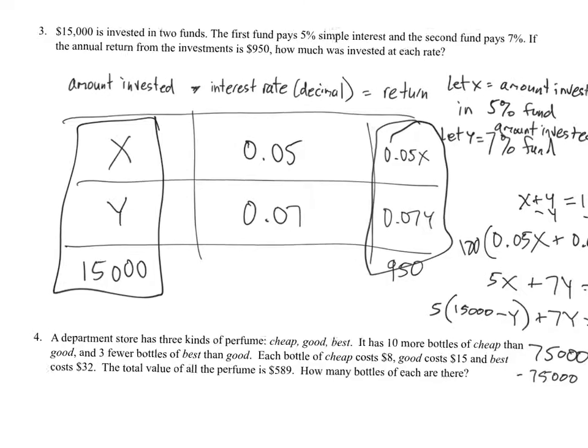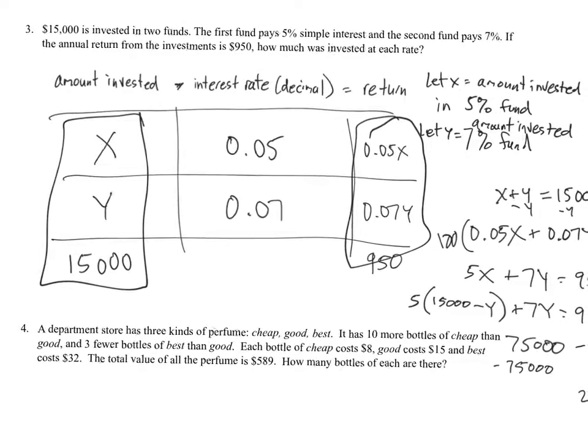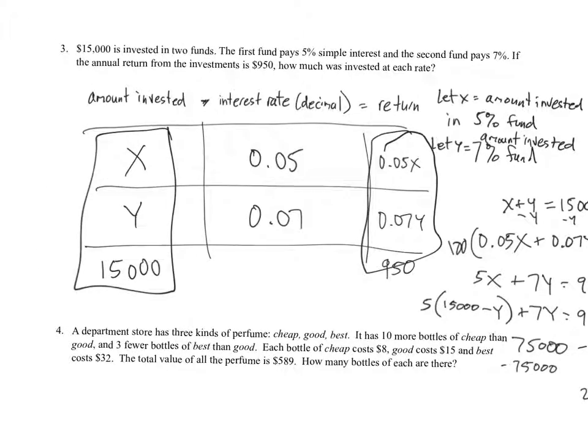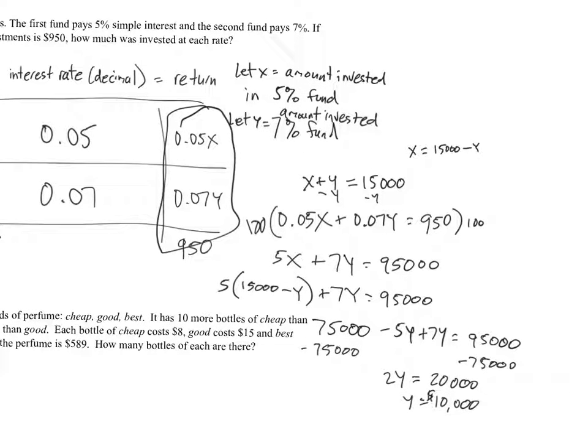So we know that we've invested $10,000 for y. y is the amount invested in the 7% fund. So y is 10,000. If we put in 10,000 here and subtract 10,000 from both sides, then x equals 5,000.